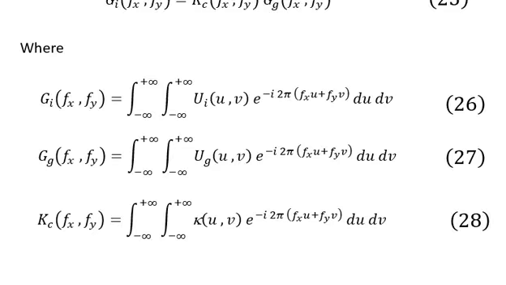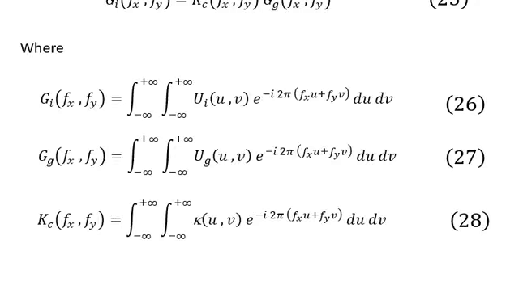So Gg, as we have described, is the Fourier transform of Ug, and the integral contains Ug and the rest of the parameters are the Fourier parameters. So capital Gg on the left hand side is equal to the Fourier transform of Ug on the right hand side. You can notice that on the left hand side we are using the variables of the Fourier spectrum, fx, fy, and on the right hand side we are using the parameters at the image plane.